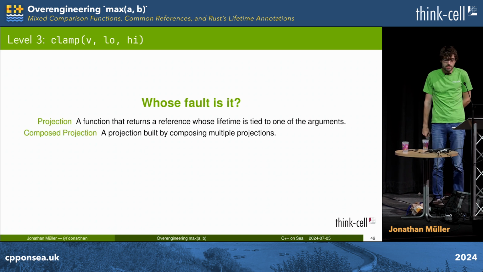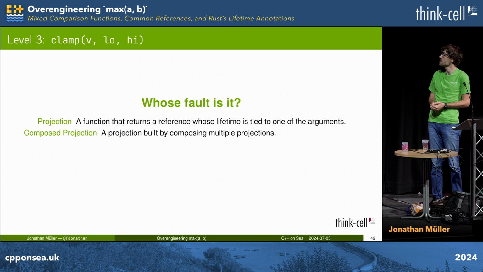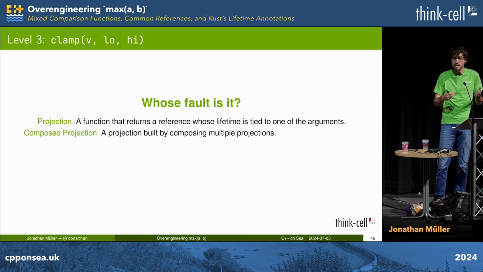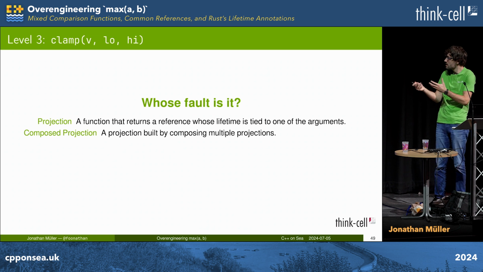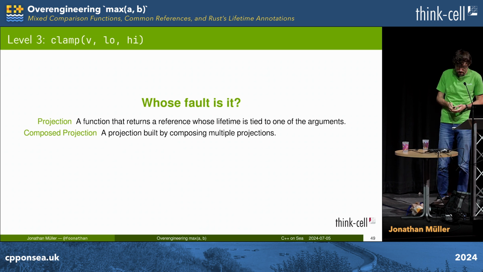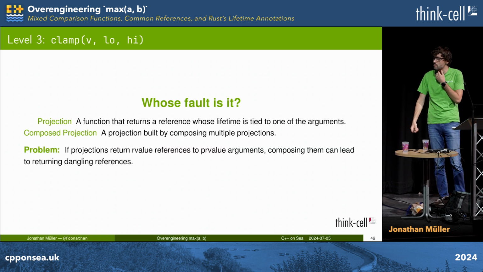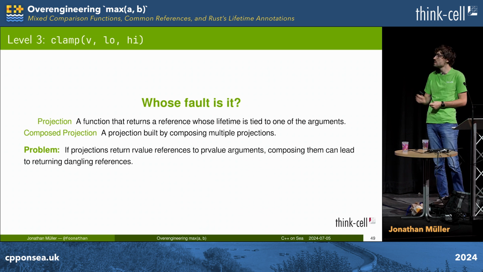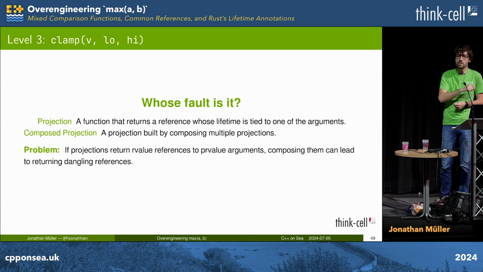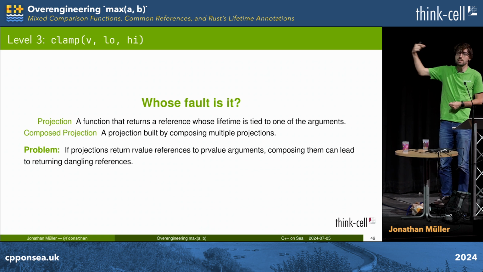We say a projection is a function that returns a reference whose lifetime is tied to one of the arguments. Max and min are projections. And a composed projection is a projection that you build by composing multiple projections, like in the case of clamp. To formalize the problem: if a projection returns an rvalue reference to PR value arguments, composing them can lead to returning a dangling reference if the PR value is created inside the composition.